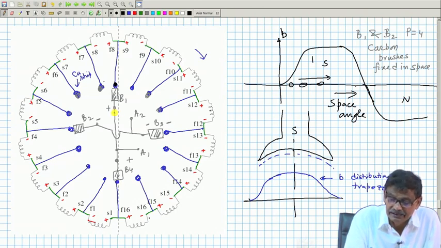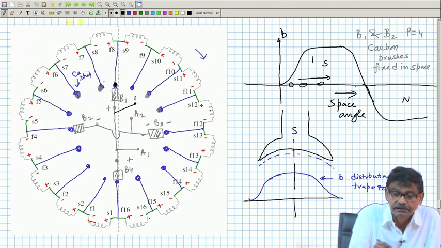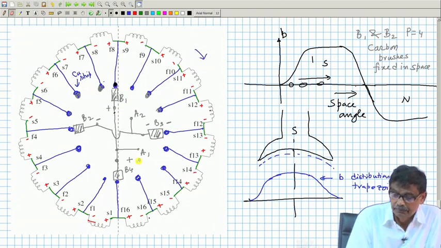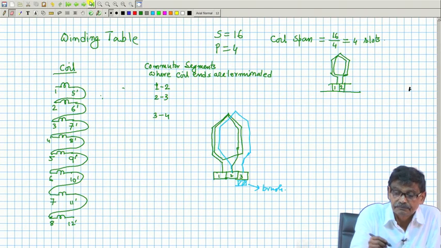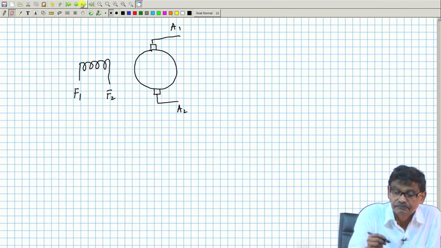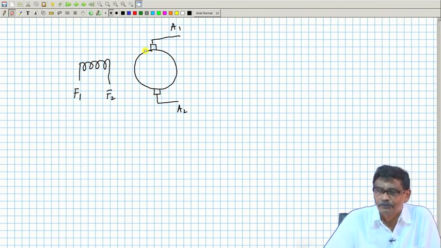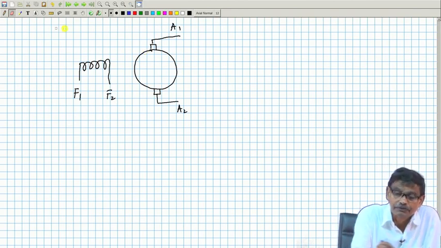I will write here A1, this is the brush A1 plus, this is A2. So, coming back to the simplified diagram, this A1 is coming from the junctions of B1 and B4, which are positive, and this is suppose positive, and these are called armature terminals, and this is minus.